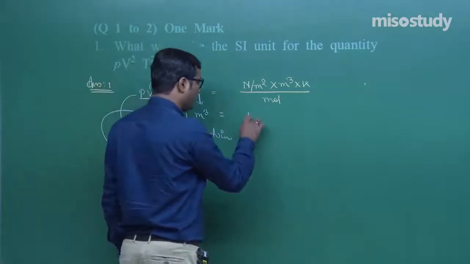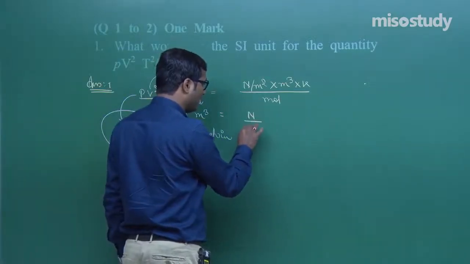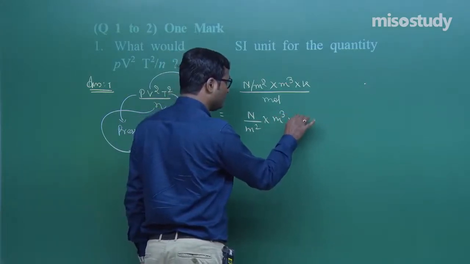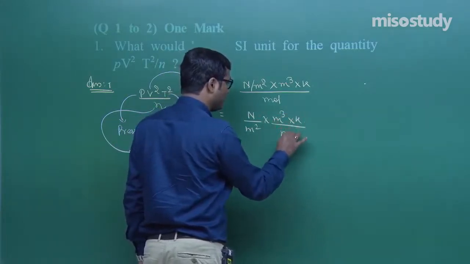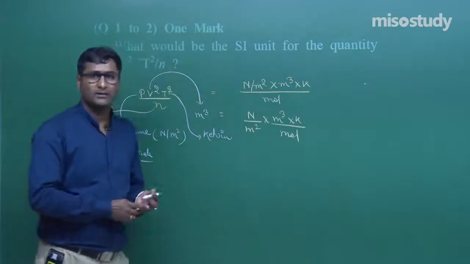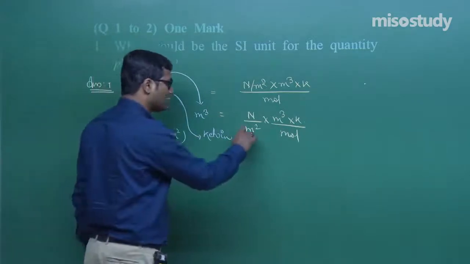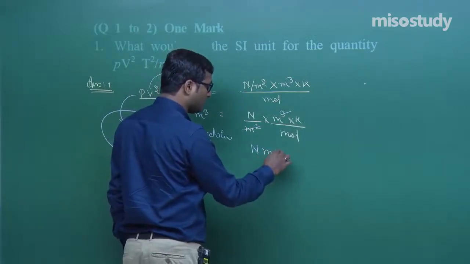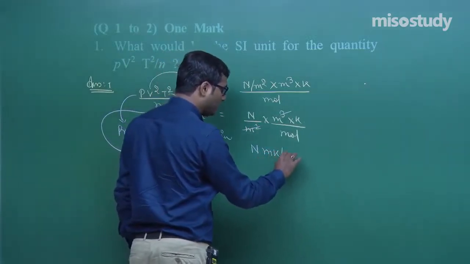Now again modifying: N upon m square into meter cube into K upon mole. Now what will happen in this case, my friend? This will cancel this one. We can write Newton meter Kelvin per mole.